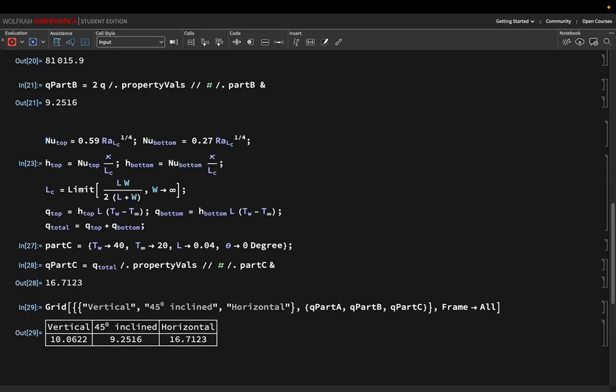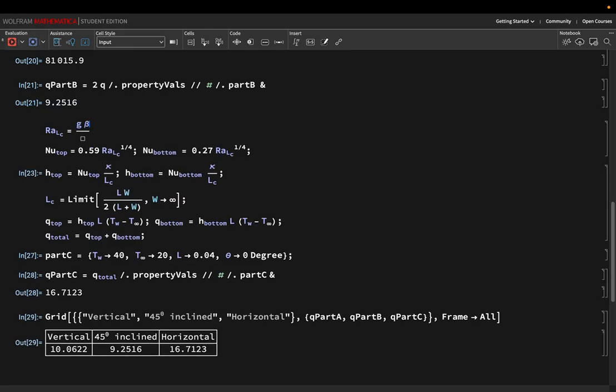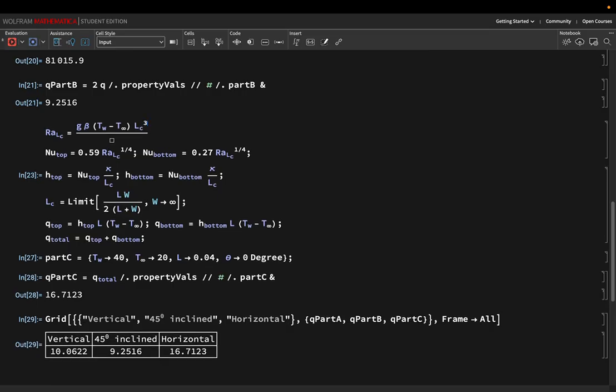And I will define my LC as G beta (TW minus T infinite) times LC cubed by mu alpha.